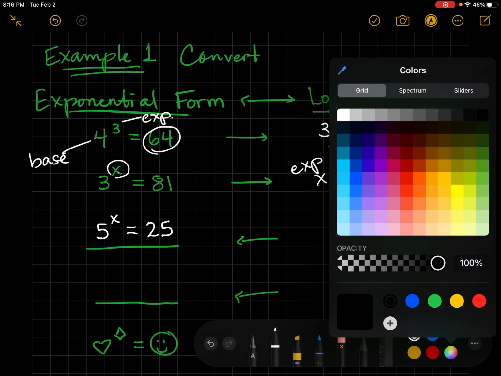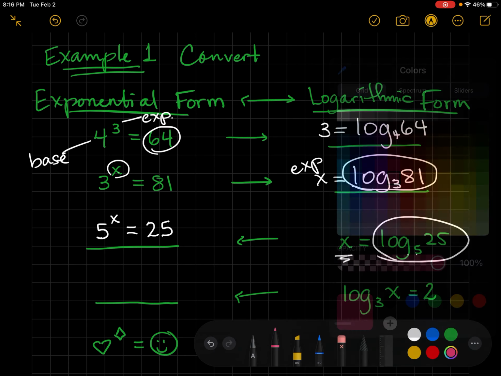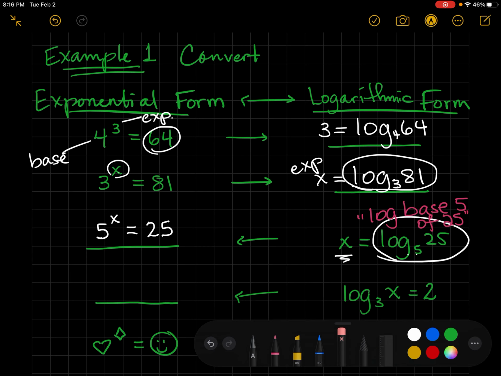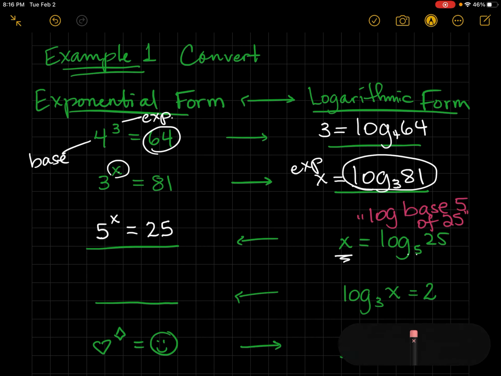That's very important. Let's write that down. This is pronounced log base 5 of 25. I want to make sure you know how to say that. Log base 5 of 25.